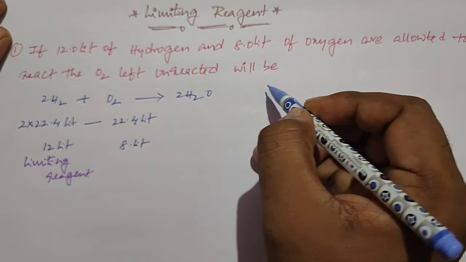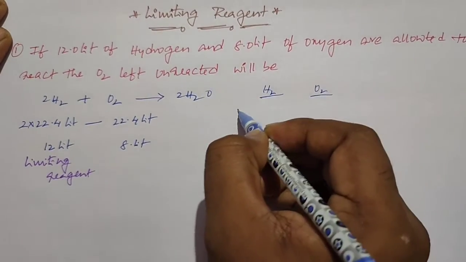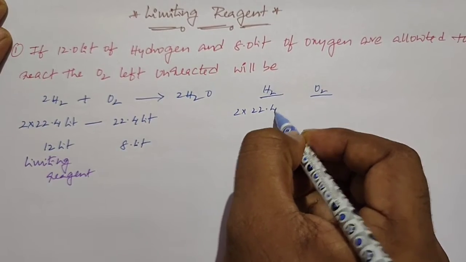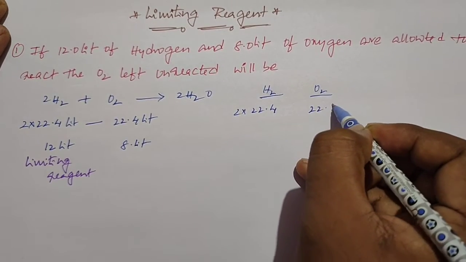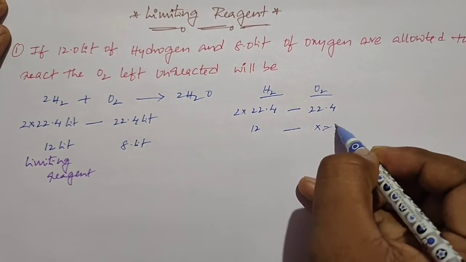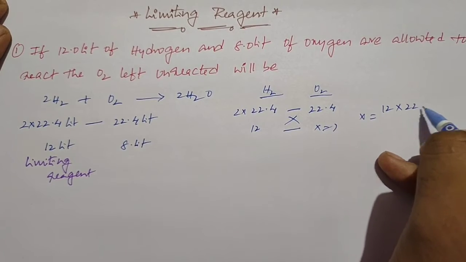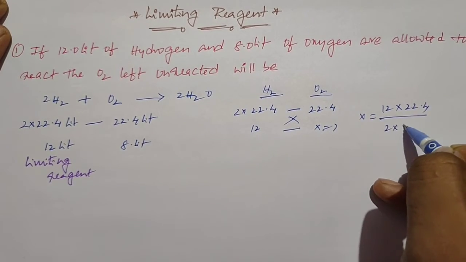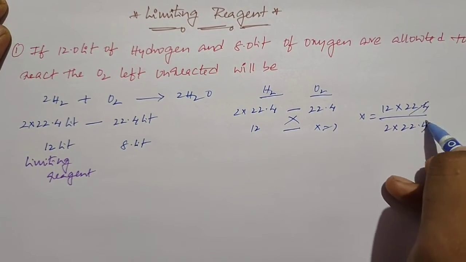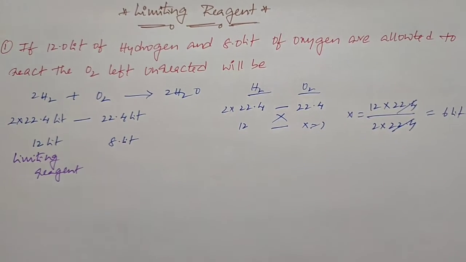Comparing the volumes, for 2 into 22.4 liters of hydrogen, we require 22.4 liters of oxygen. For 12 liters, do the cross multiplication: x is equal to 12 into 22.4 by 2 into 22.4. The 22.4 will be cancelled, and we get 6 liters. What is this 6 liters?